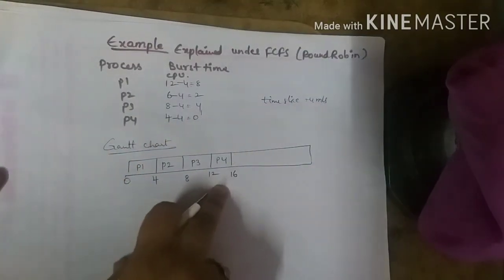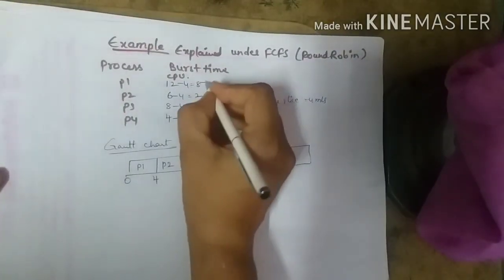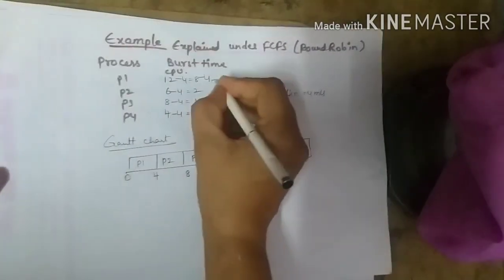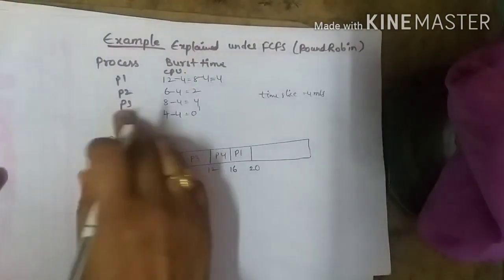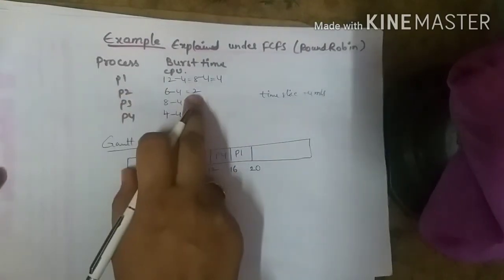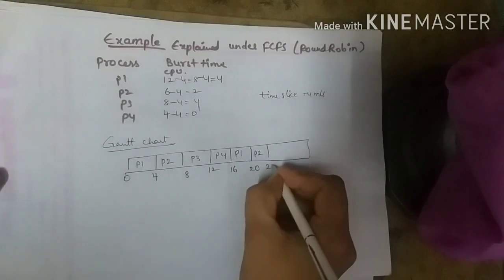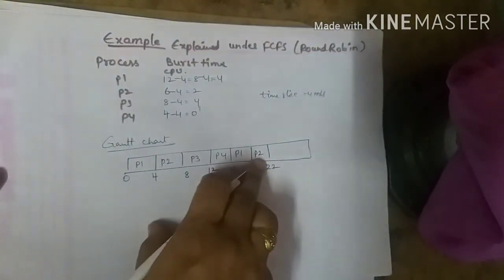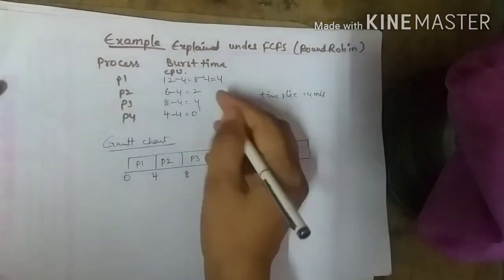Now next the turn will go again to P1. The P1 process is going to take 4 milliseconds. Now the remaining 4 milliseconds we have for P1, that is 20. Next P2 requires only 2 milliseconds. Only 2 milliseconds it is going to use, that is 22. Now it completes its task and is going to release its resources. Next P3.